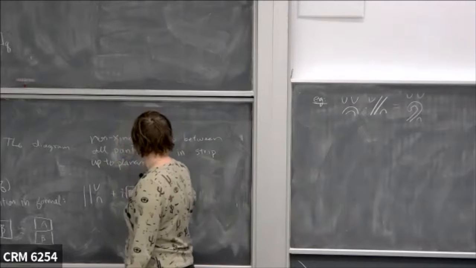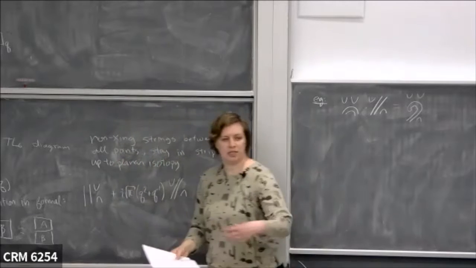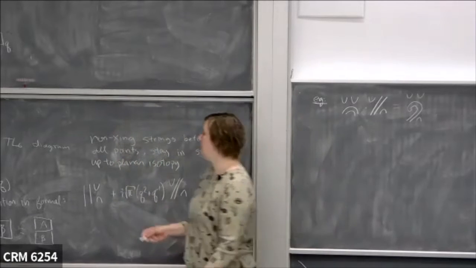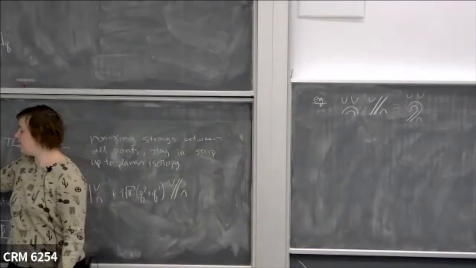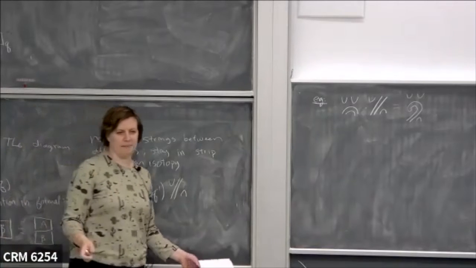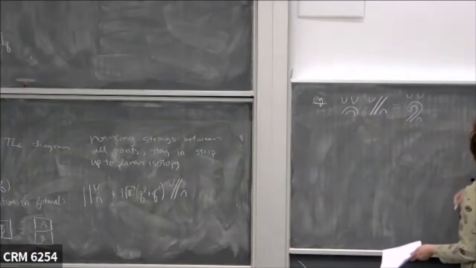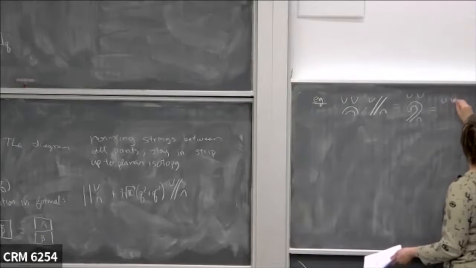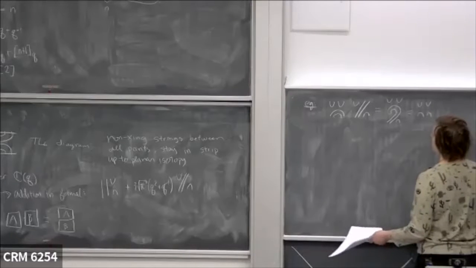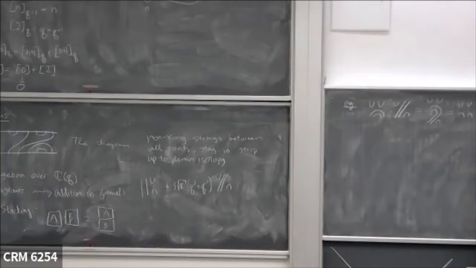Meaning that if you can shake the strings around a little bit in the same strip of the plane, then you have the same diagram. Okay, right. And so this is just a funny way of drawing this element of TL4.